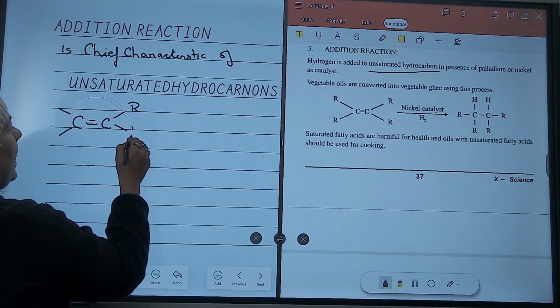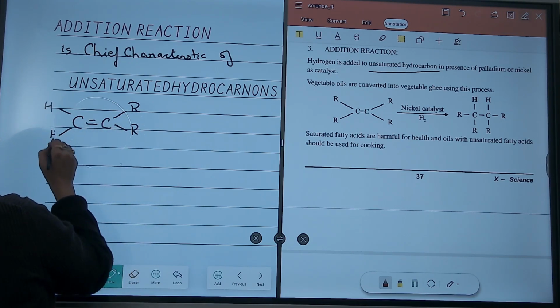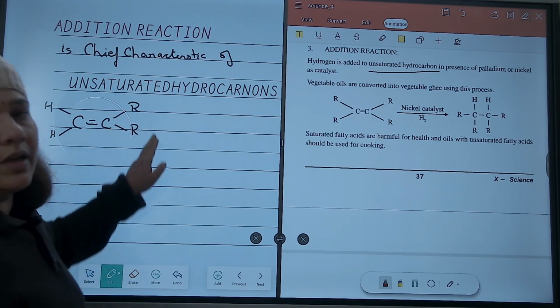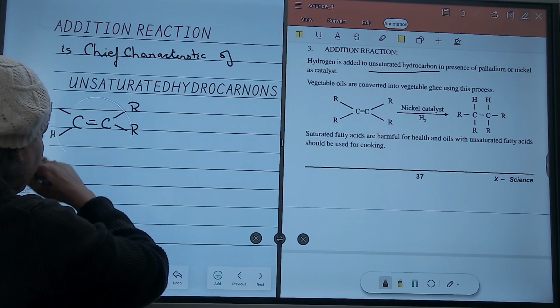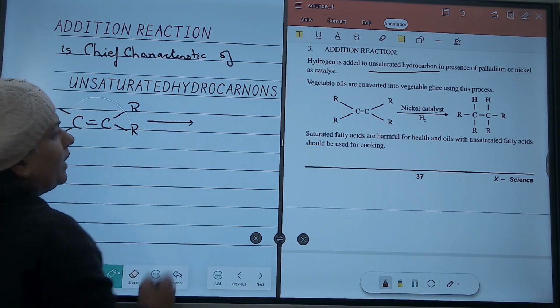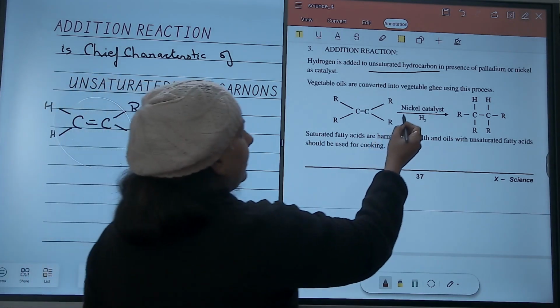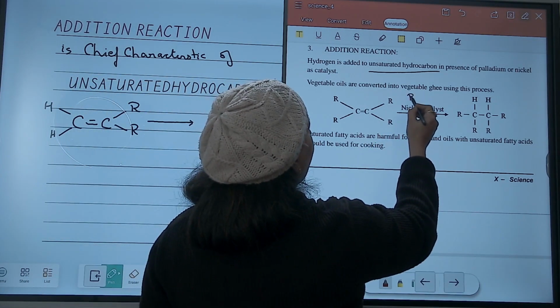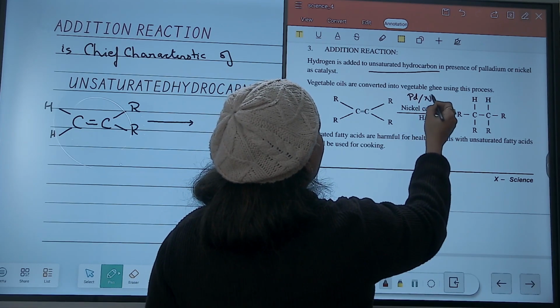you can write R, that is alkyl group, or it can be H. So compound may be anything, but the only thing you have to remember, that in presence of catalyst nickel or palladium. So one more catalyst that you have to remember is palladium, that is palladium or nickel.